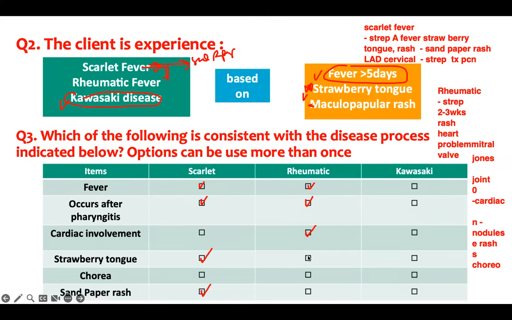They have an erythema at the back of your tongue, but we don't call it strawberry. They have chorea movement, but there's no sandpaper. Kawasaki, of course, fever. They have pharyngitis. There's a cardiac involvement. There's a strawberry tongue. There is no chorea, and the rash is not described as sandpaper.